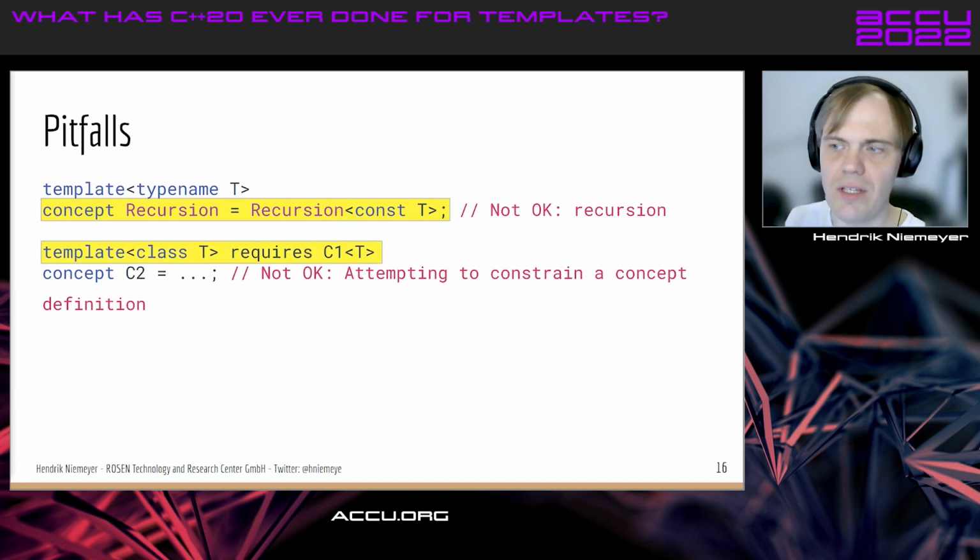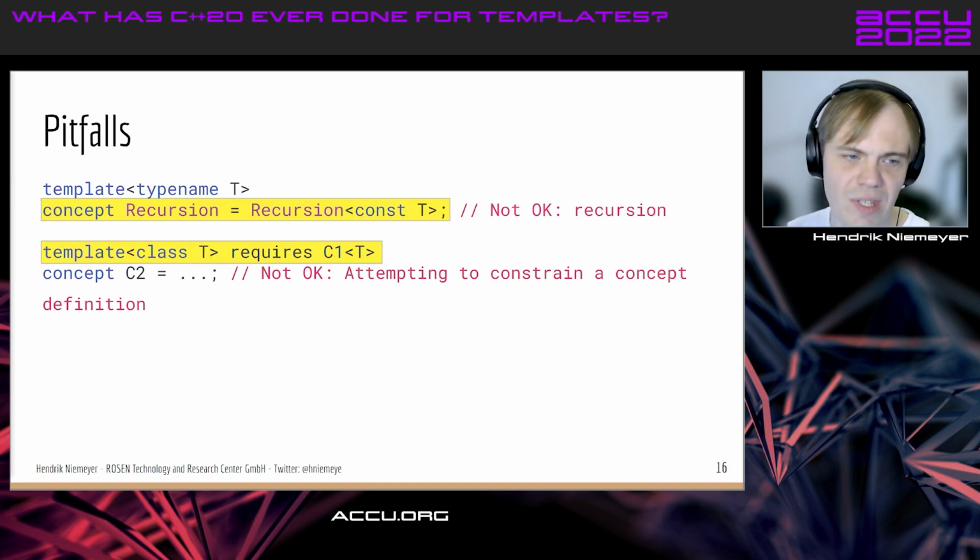So here I have a concept C2, which is something just indicated by 3 dots here, because it's not really important what would be there. But we try to constrain it with a requires clause. We would say concept C2 is constrained by the fact that it needs to fulfill concept C1 of T. And this is not legal C++, this is not allowed, and also it's not necessary.